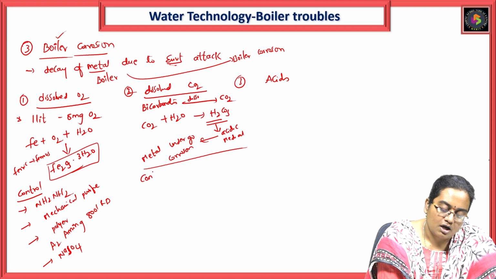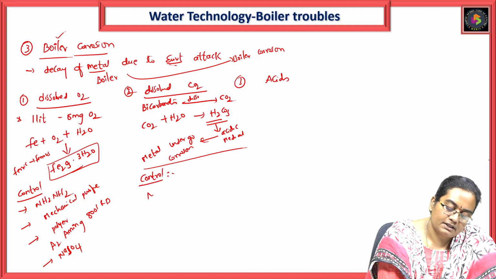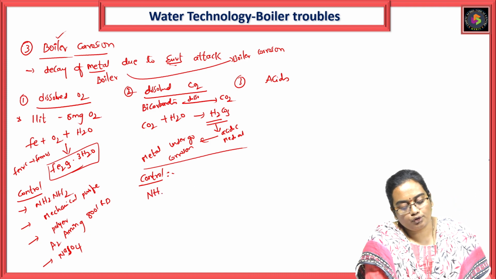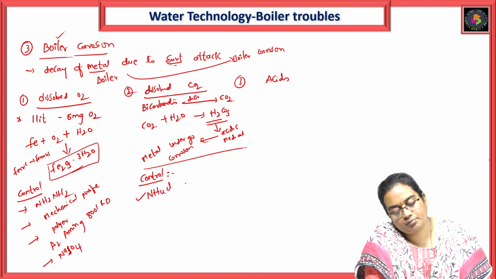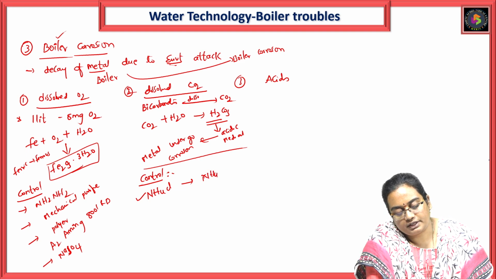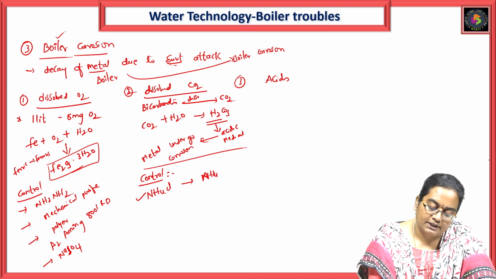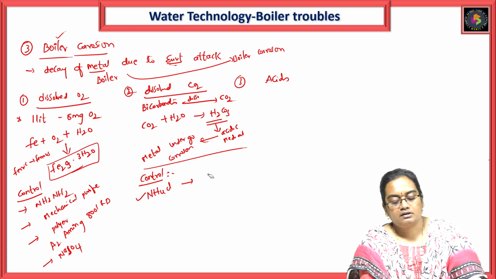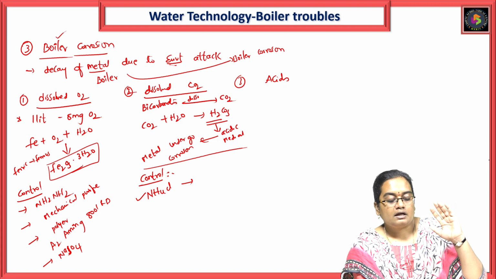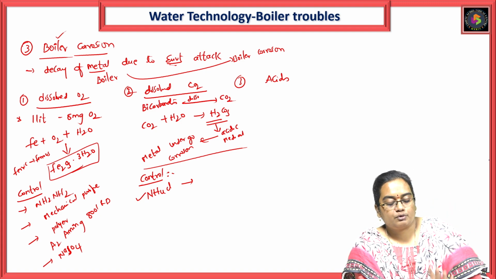Next, control. How to control this carbon dioxide? When it is treated with ammonium chloride, it will be converted into ammonium carbonate, with which we can remove carbonates present in the water and stop the formation of carbonic acid.